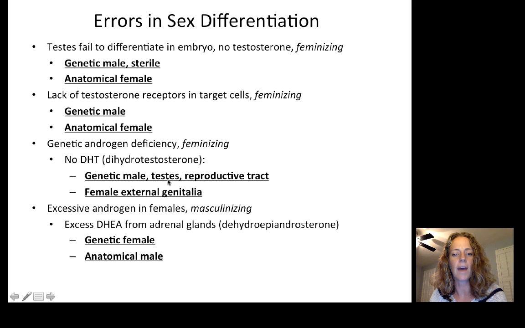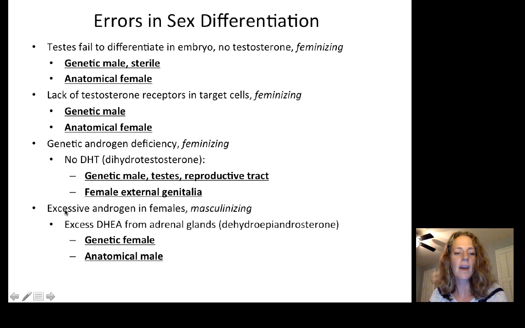This individual will have testes that never descend, reproductive tract in the male that may also never descend, and then female external genitalia, but be genetically male. So in all three of these cases, this person is genetically male but appears female. And that is absolutely biologically possible for many different reasons.